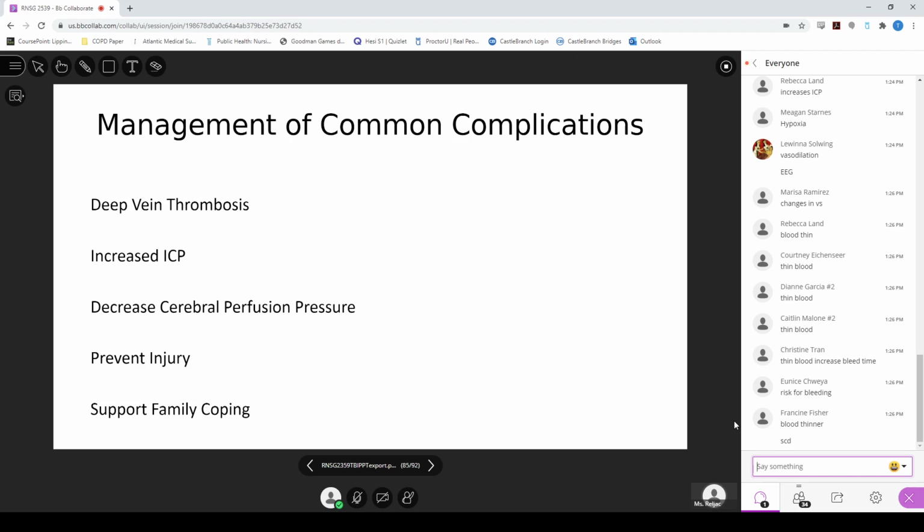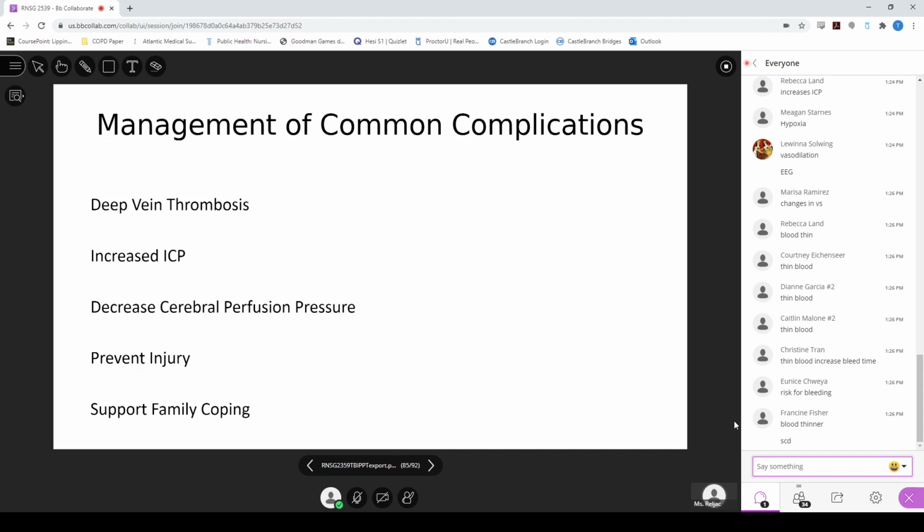So another complication is increasing ICP, and we've talked about a bunch of things that increase that, but the most common cause is cerebral edema. And that edema usually peaks between 48 to 72 hours after the injury. We're going to control that by keeping the head of the bed elevated, maintaining the neck and head in a neutral alignment, so no twisting or flexing the neck.